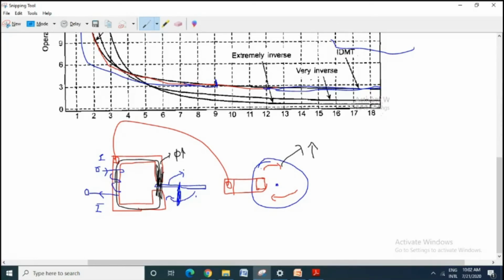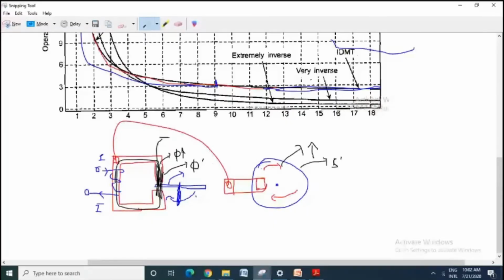And hence, after this point, let's say that for this particular point we say the value of flux is phi dash, and the amount of speed is, let's say, s dash. Whatever amount of flux you increase from this point will become leakage flux, or let's say it will not pass through this particular magnetic circuit.